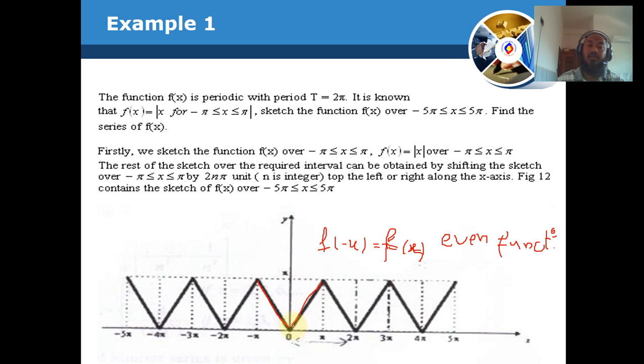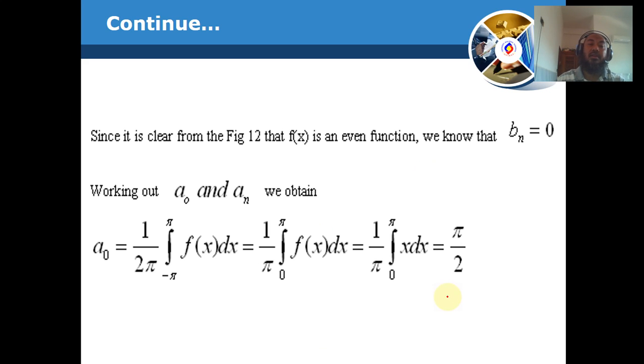So we take from 0 to π and multiply by 2, so you get these two areas.